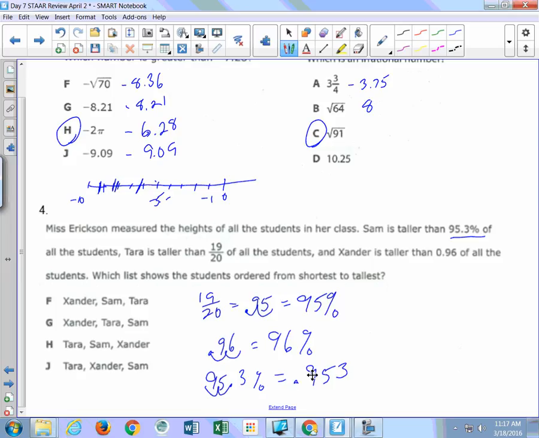So now we need to put these in order from shortest to tallest. So who is taller than the most people? That would be 96%. So that is Xander. So Xander needs to come last. Xander only comes last in height. So that would be our answer.